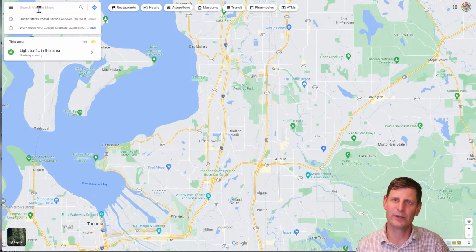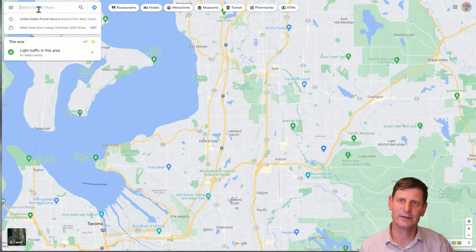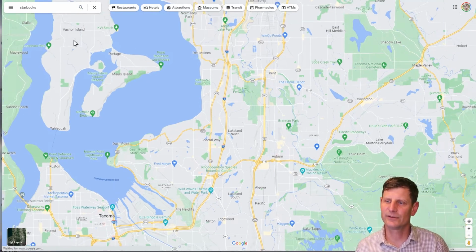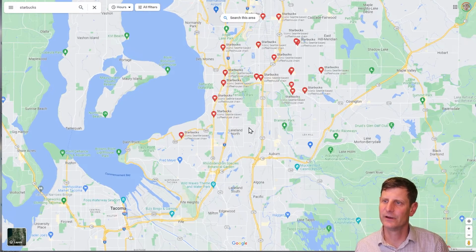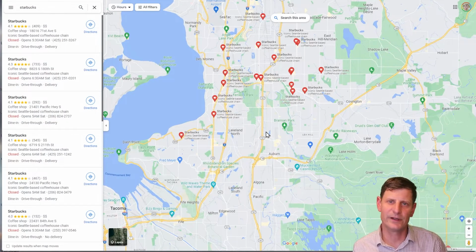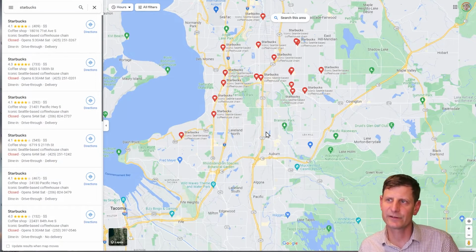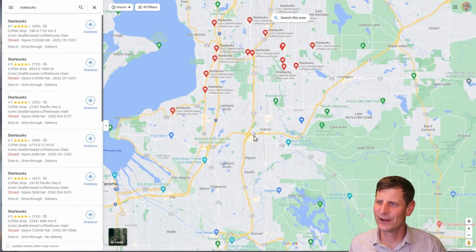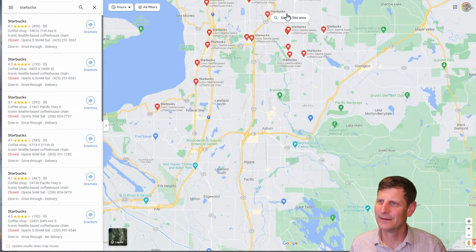And I'm going to type in here Starbucks, and I'm going to look for locations for Starbucks. And what we observe is that if we look at a business like Starbucks, Starbucks has a lot of locations. I'm not sure why it's showing up here and not down here where I tried to center the map, but I want to do it right here.